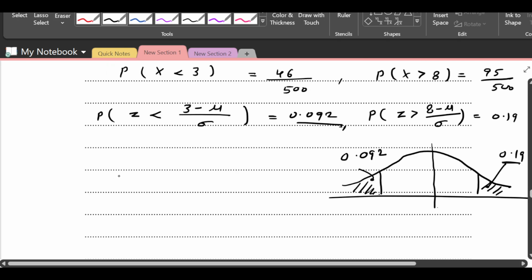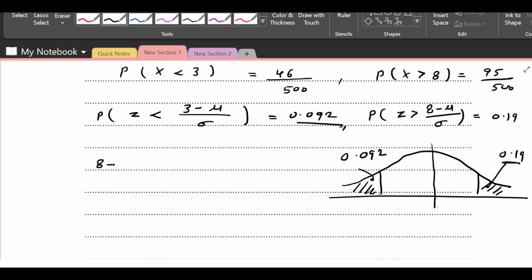So here (8 minus mu) divided by sigma is 0.878. And similarly (3 minus mu) divided by sigma.